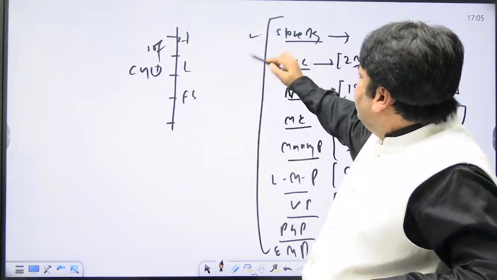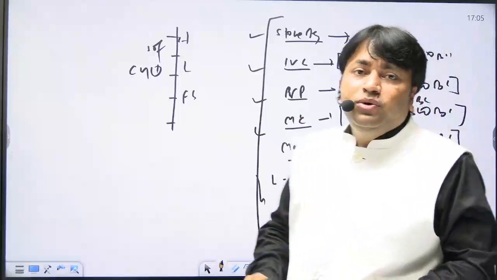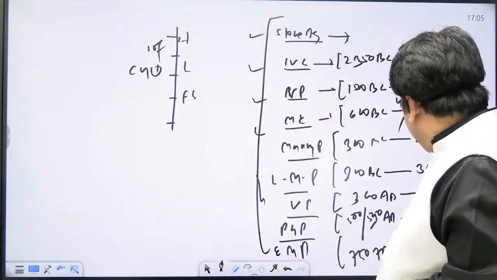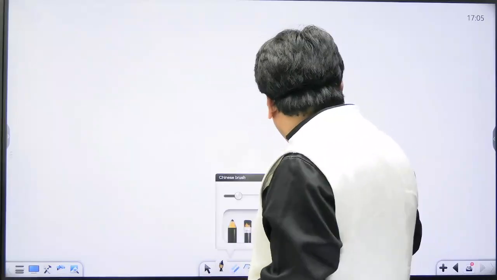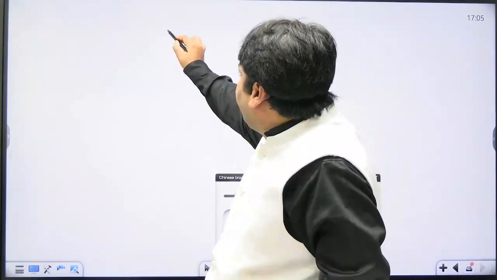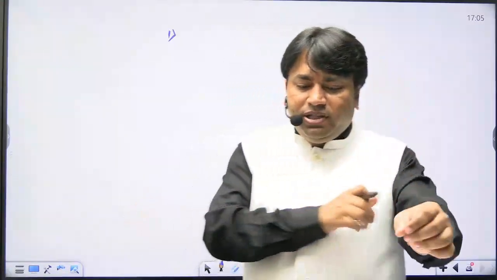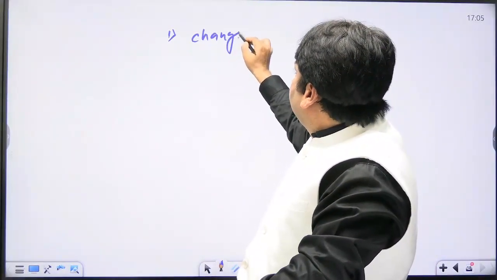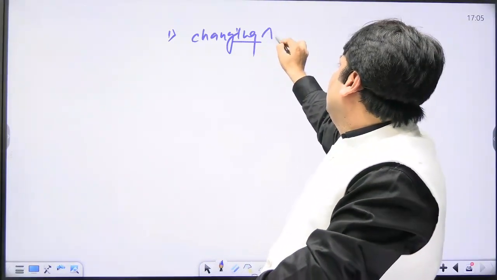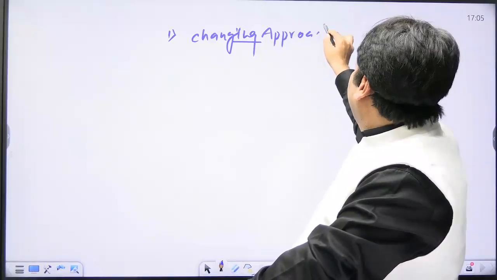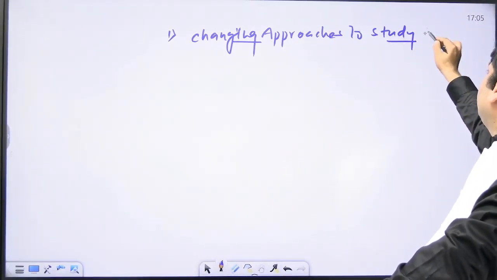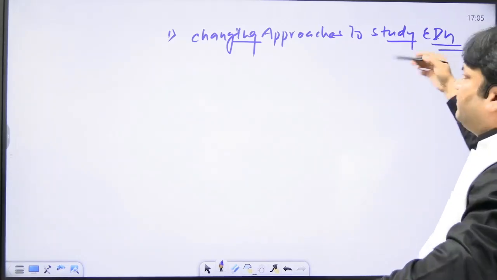And in each and every chapter, you will get questions from the sources of history. For example, I am just giving some hints or indications, not writing the full questions. For example, there was a question related to the changing approaches to study early Indian history.